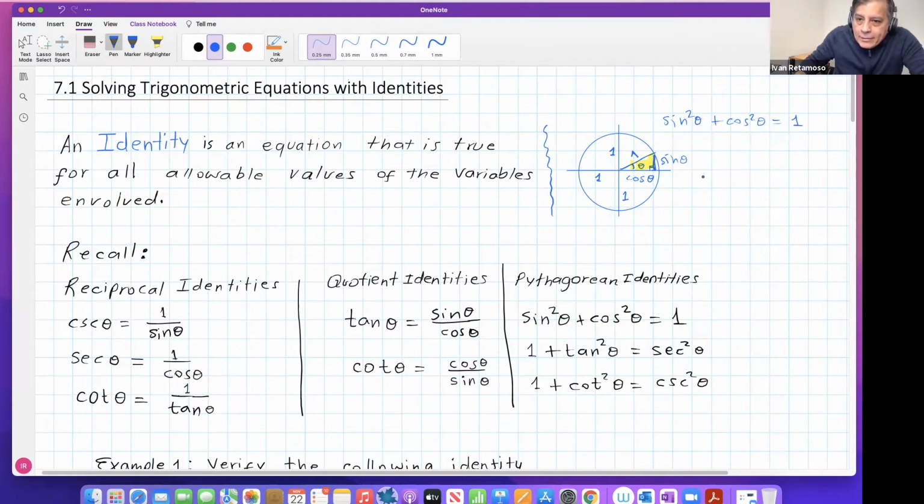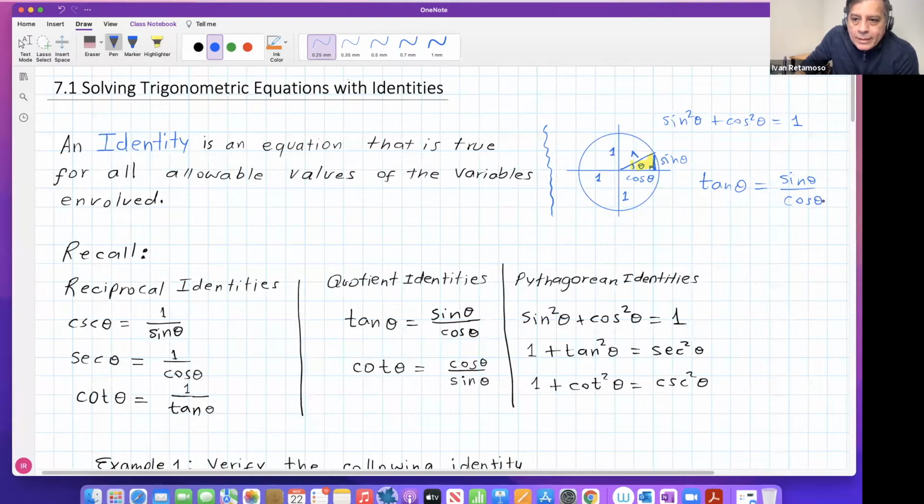Also, if you take tangent of theta in the unit circle, tangent of theta is opposite, sine of theta, over adjacent, cosine of theta. Then you have another identity, called the quotient identity, right? These are examples of identities, equations that are true for any allowable value of the variable, because sometimes you will deal with a quotient.